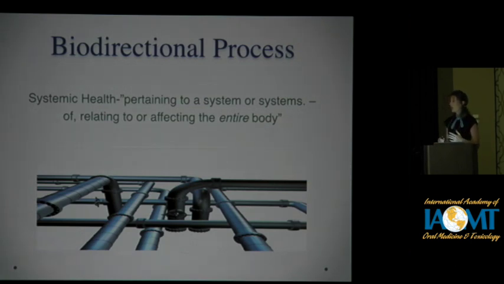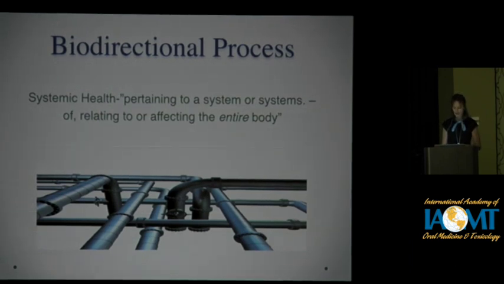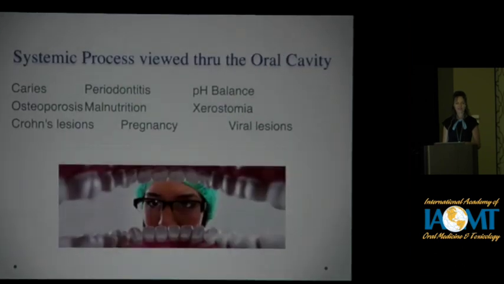It's about helping manipulate the human so that we can have the best outcomes we have. And systemic health is this crazy system of relating or affecting the entire body. And as we're doing that, it's not a static process. Our biomechanics are all interrelated.